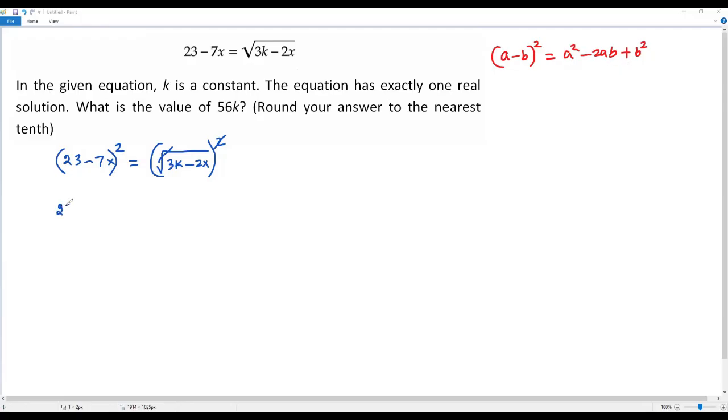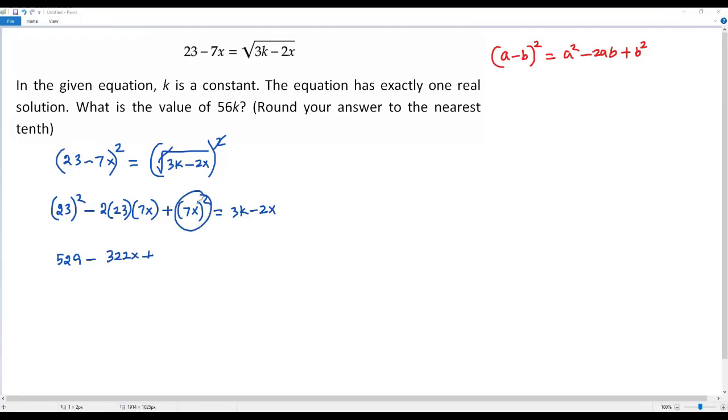Okay, now let me do it. That is 23 squared minus 2 times 23 times 7x plus 7x the whole square. On the right side, we have 3k minus 2x. The value of 23 squared is 529, and when I multiply 2, 23 and 7x, I am getting 322x.